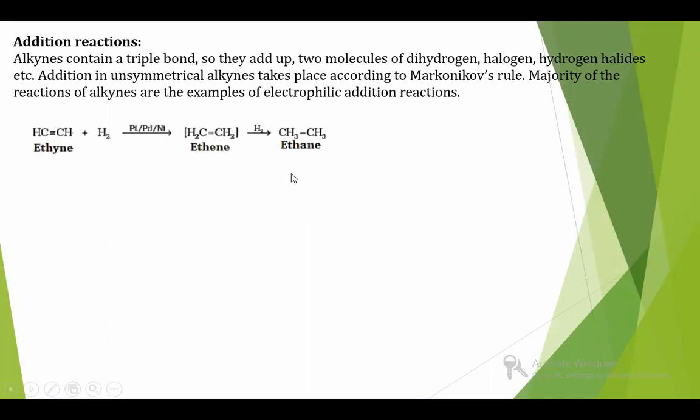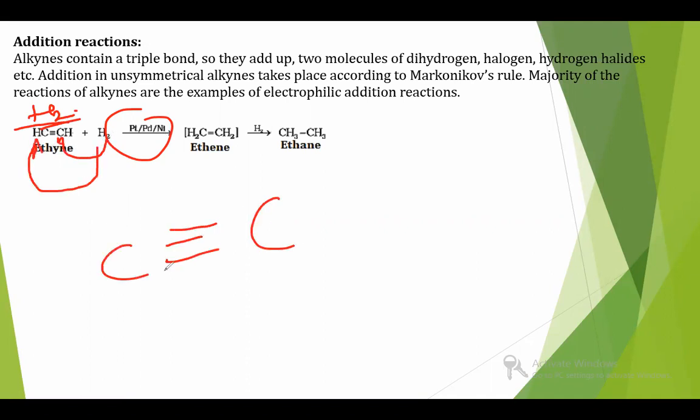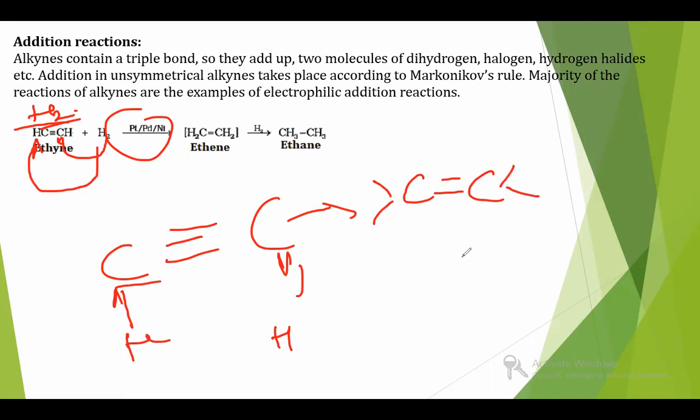First one, addition of dihydrogen, H2. When carbon-carbon triple bonded compounds are treated with platinum, palladium or nickel catalyst, hydrogen adds where the electron density is high. With 1 mole of hydrogen, the triple bond becomes a double bond, CH2=CH2. Treated again with dihydrogen, one more hydrogen adds and the double bond becomes a single bond.